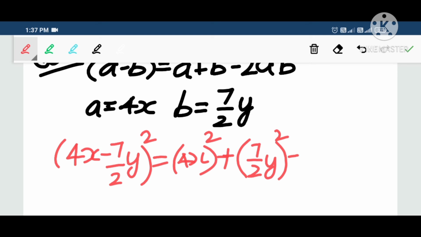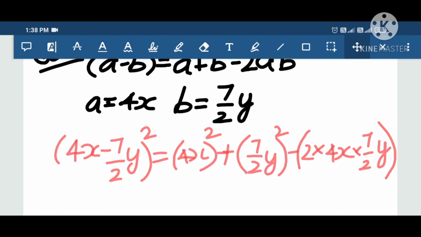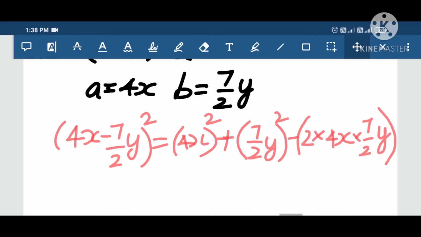So 2 into a into b is nothing but 2 into 4x into 7 by 2y. Just close the bracket. And next you can see how we write 4x whole square: we multiply it twice. So 4 4s are 16.